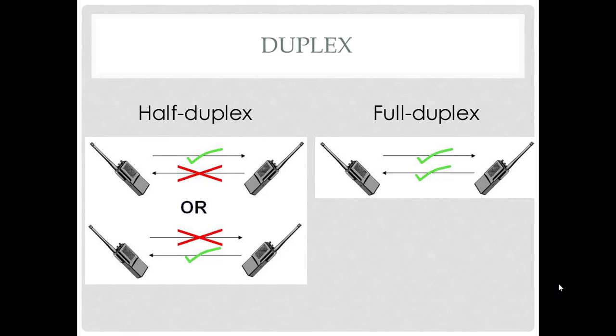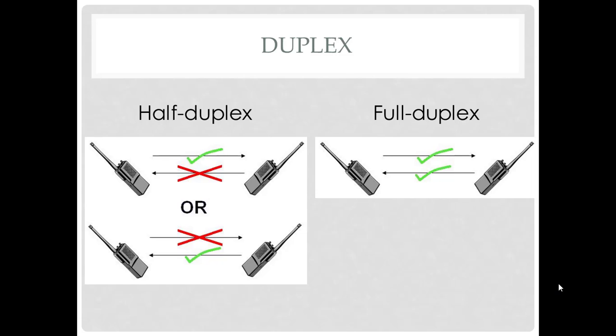In a half duplex system, there are still two clearly defined paths or channels, and each party can communicate with the other, but not simultaneously. The communication is one direction at a time. An example of a half-duplex device is a walkie-talkie, a two-way radio that has a push-to-talk button.